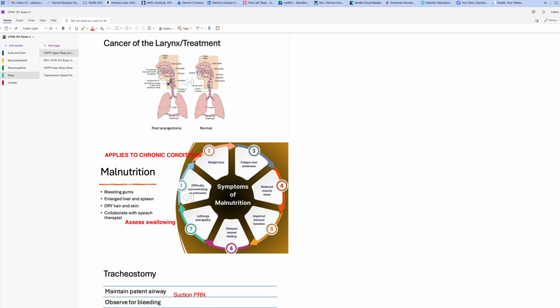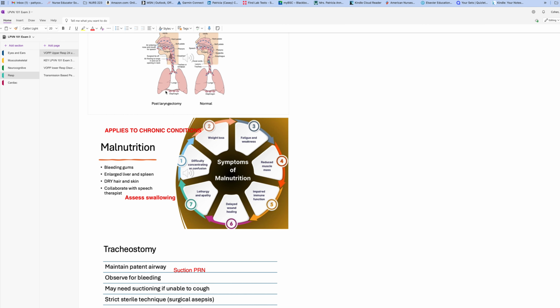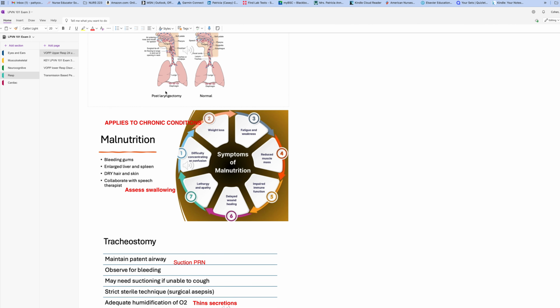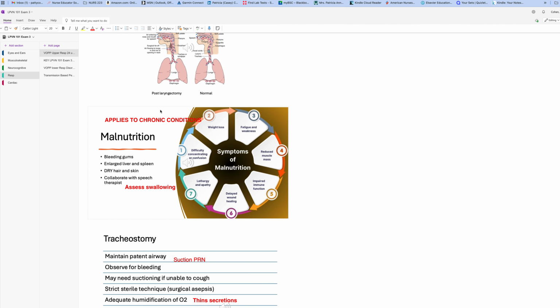It's like a trach, but it's an end stoma. Malnutrition: they can become malnourished after this surgery. So look for bleeding gums, enlarged liver and spleen, and assess their swallowing, because they can eat after, but they're going to be quite sore, okay?